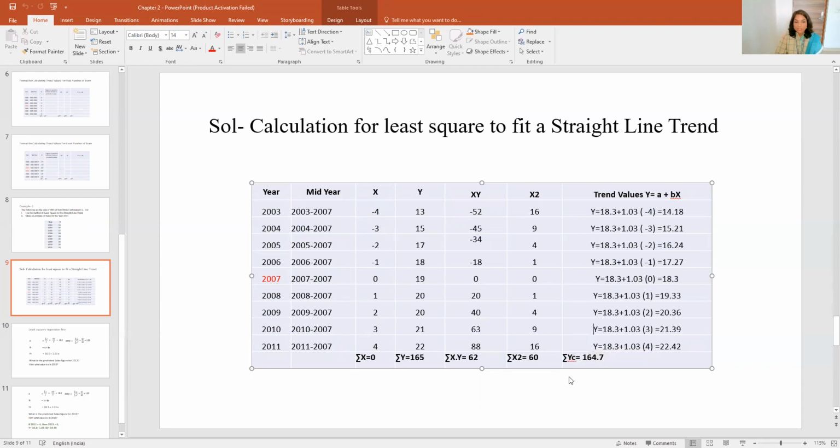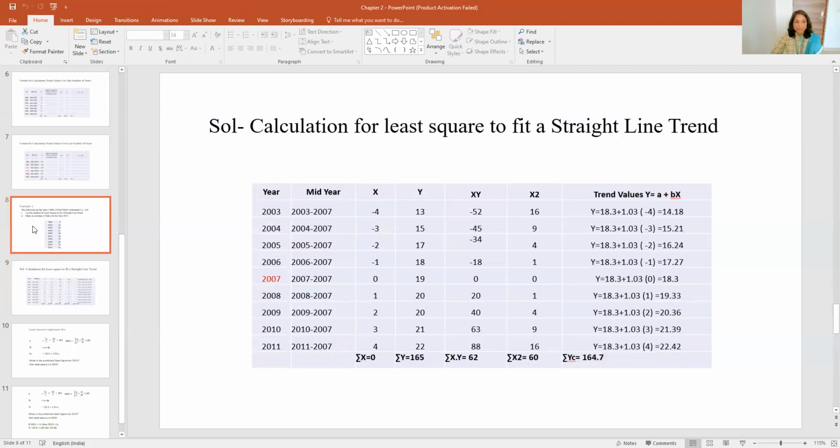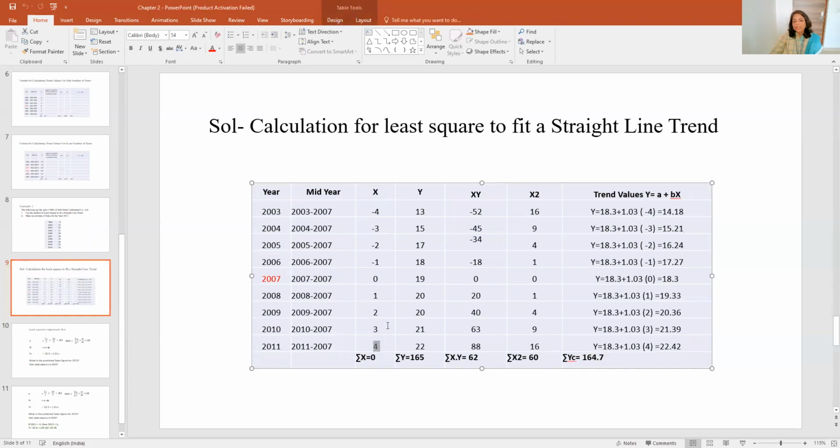Now, for this question, they have asked for the sales for 2013. In 2011 the X value is 4, so in 2012 the X value increases to 5, as the X value increases with the number of years.